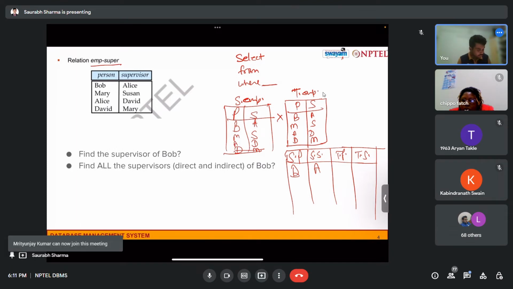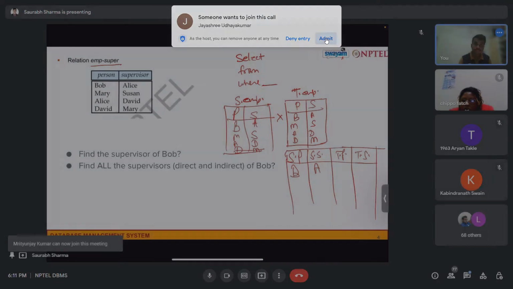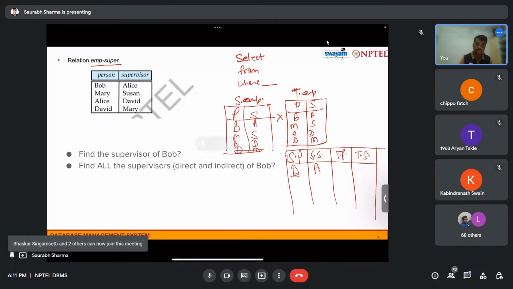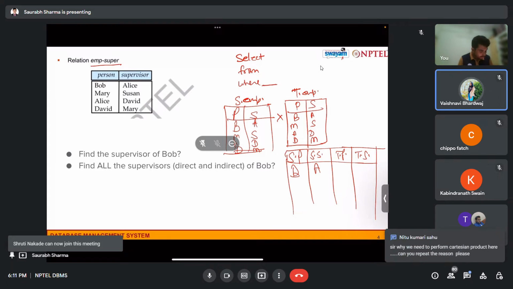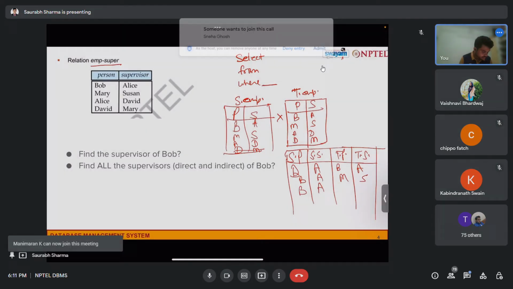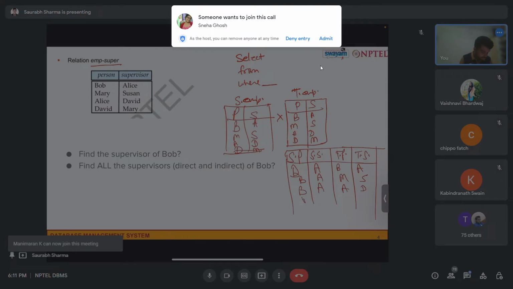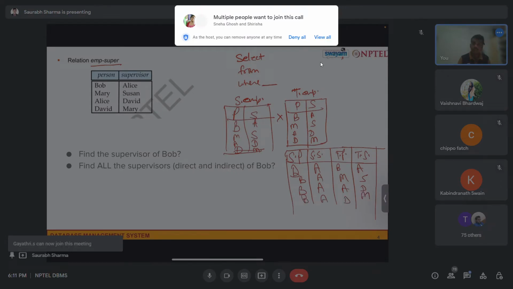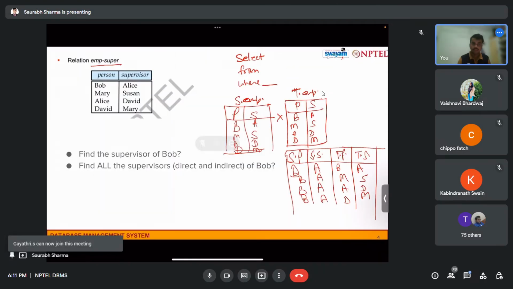First we will just write them. Similarly, for MS we will write 3, then AD, then DM.